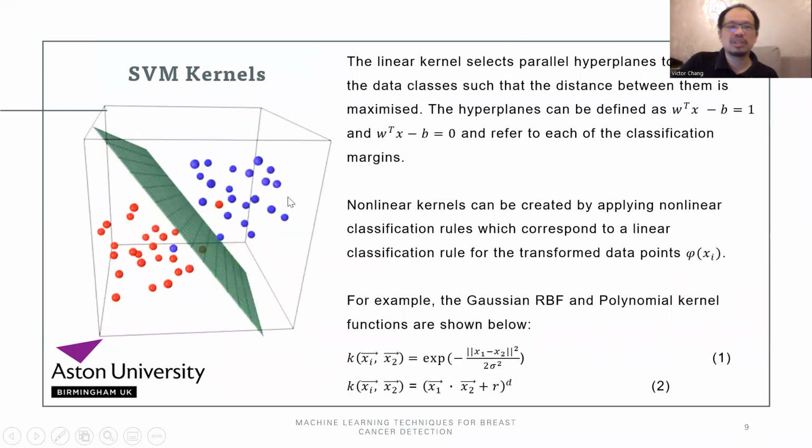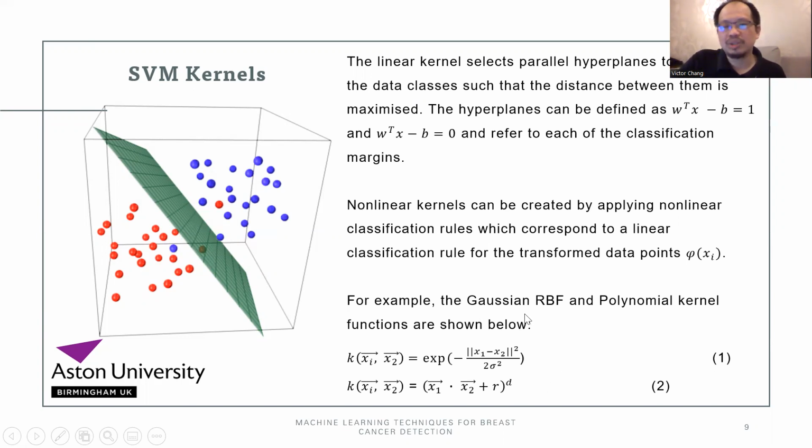Using the SVM linear kernel means that it doesn't perform the regression in a non-linear way. Non-linear classification can be performed by applying non-linear classification rules that correspond to the linear classification rule for the transformed data points. In this way, it allows a very efficient regression to take place.